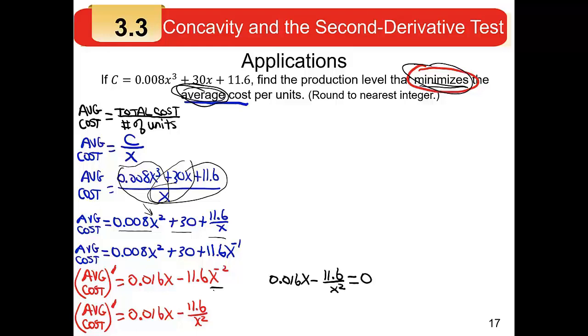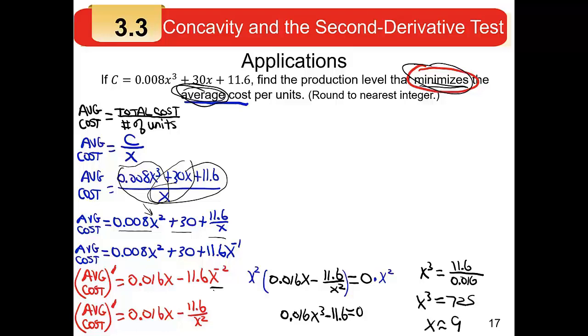If I multiply both sides by x squared, and then solve for x. I eventually want to solve for x, but in order to get to x, I've got to first solve for x cubed. That means I've got to simplify that. 11.6 divided by 0.016 happens to be 725, and then I want to take the cube root of 725. And again, if you don't know how to do that on your calculator, that should be a side issue for you to deal with.